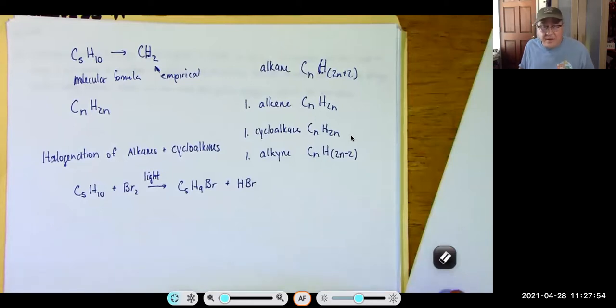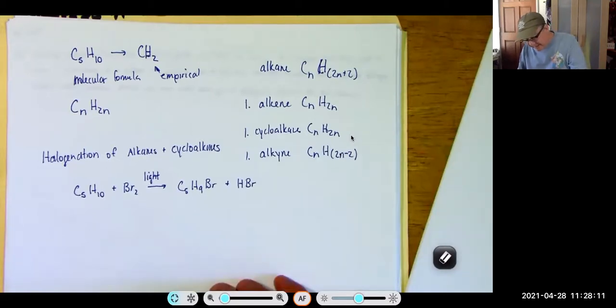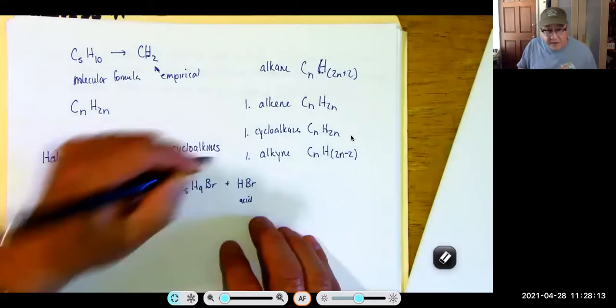Now, we're not too worried about light being able to break the bromine-bromine bond because it's not a molecule you find in living things, a Br-Br. So luckily for us, that doesn't matter. Now, this is acid right here, HBr.